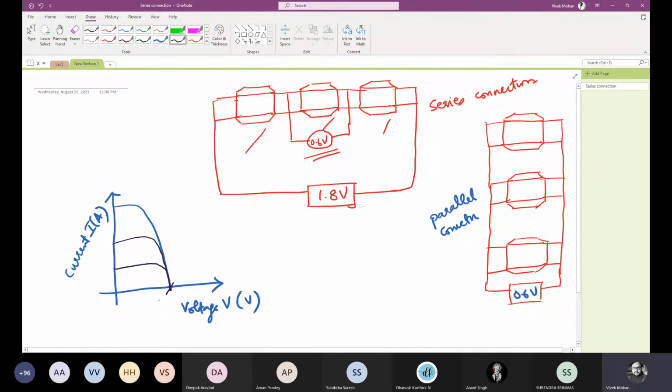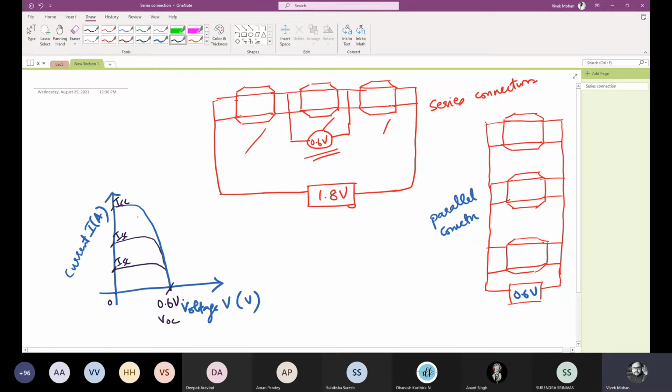Say this is 0.6 volt. At this point, the current is ISC. What is ISC? Short circuit current. At this point, 0.6 volt is VOC, the open circuit voltage. When it is short circuit, what is the voltage? It is 0, right? So at this current point, the voltage is 0. So this is the current-voltage curve.